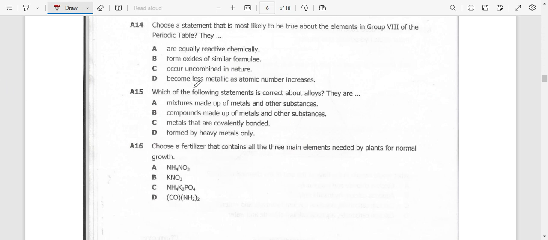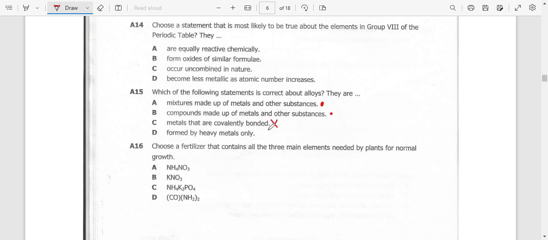So which of the following statements is true about alloys? They are mixtures made up of metals and other substances. Now, other substances, let me put a dot there. Compounds made up of metals and other substances. Let me put also a dot there. Metals that are covalently bonded.